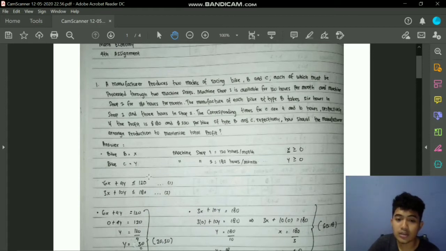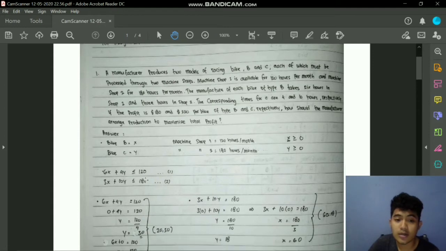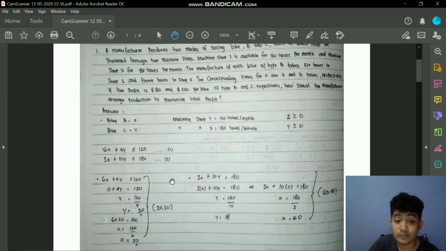And we get the linear equations. 6x plus 4y is less than or equal to 120 is the first equation, and 3x plus 10y is less than or equal to 180 is the second equation.